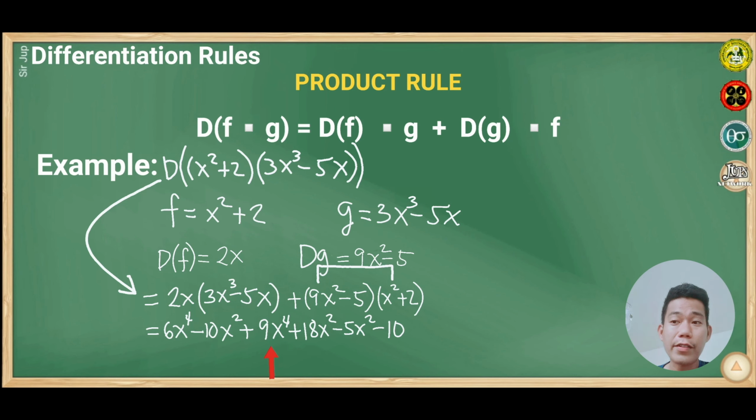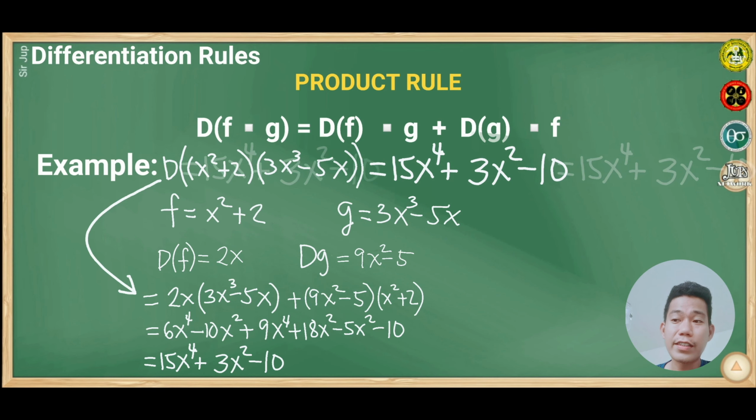This is the FOIL method. 9x squared times 2, this is 18x squared. Negative 5 times x squared, this is negative 5x squared, and negative 5 times 2, we have negative 10. Okay, so simplifying, we have 15x to the fourth plus 3x squared minus 10. Okay, so that is the product rule.